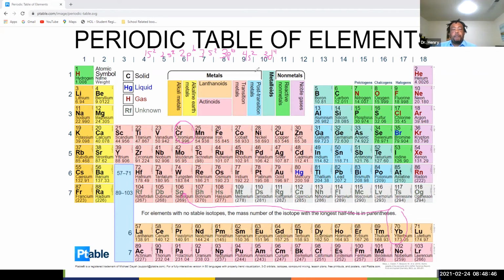Okay, so by looking at just the periodic table, this is what we would get for our electron configuration, right?